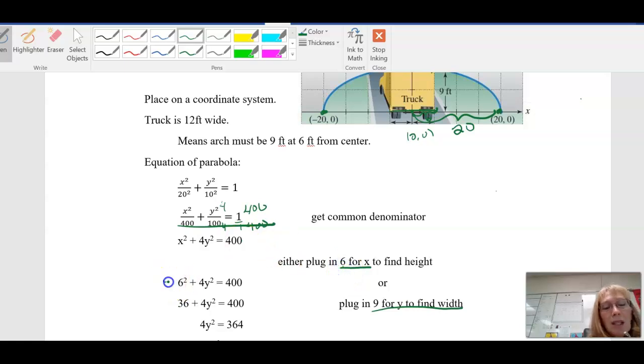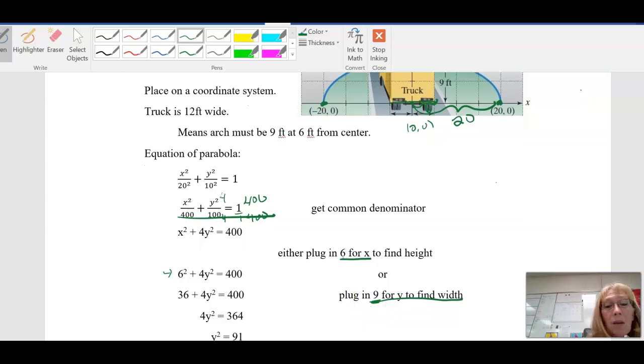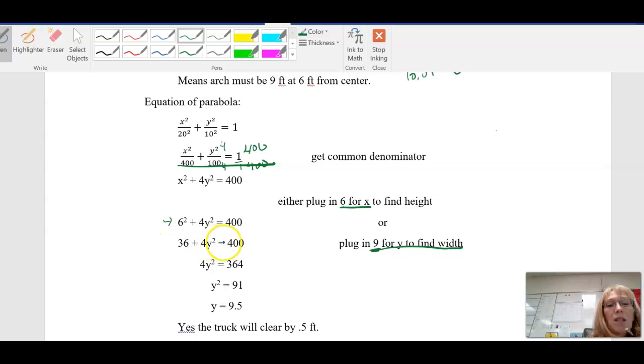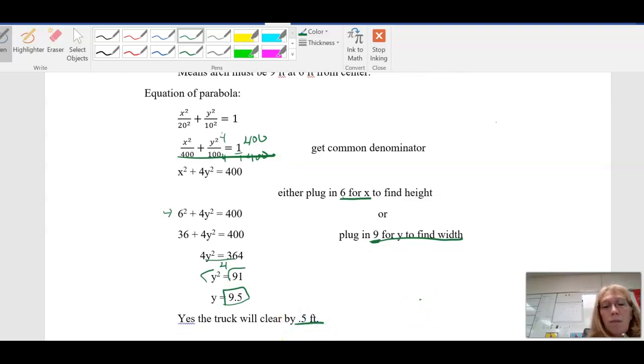So I'm going to plug 6 in for the height, and when I'm done, the height, my y, better be higher than 9 or it's not going to pass. So you get 36 plus 4y squared, subtract your 36, divide by your 4, take your square root, and we get 9.5. That means my truck will clear by a half a foot because he's 9 foot tall.